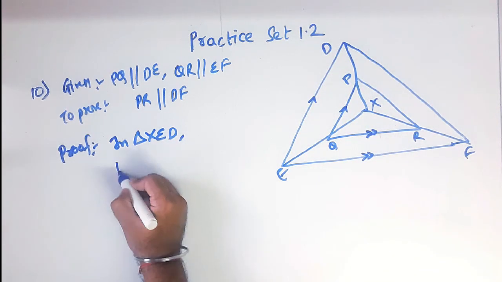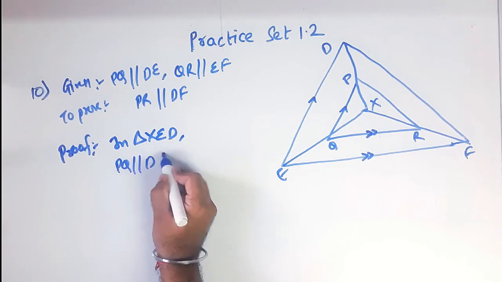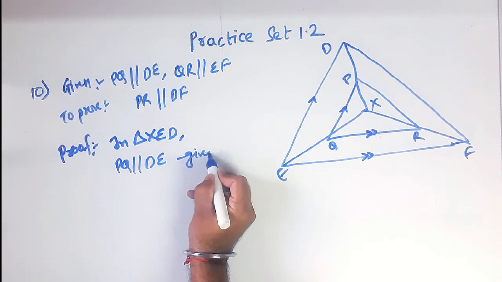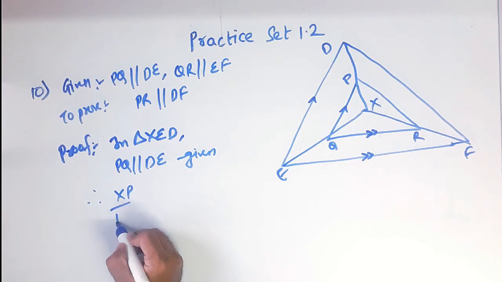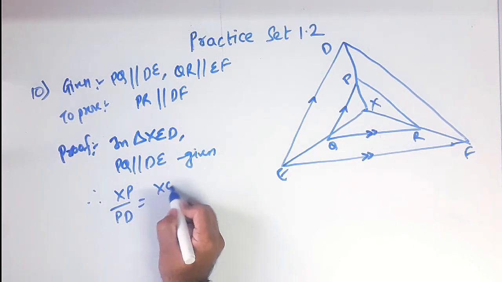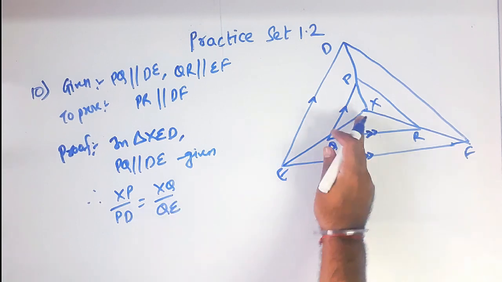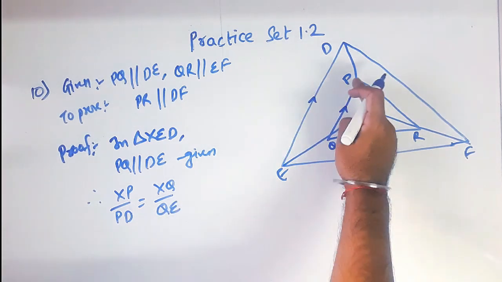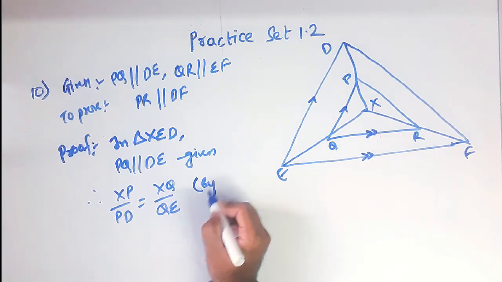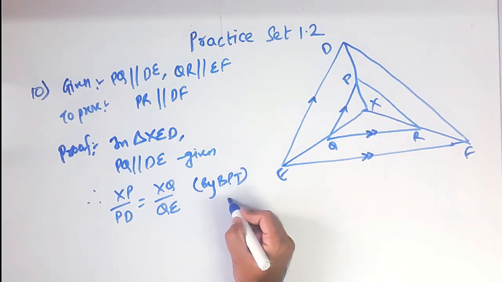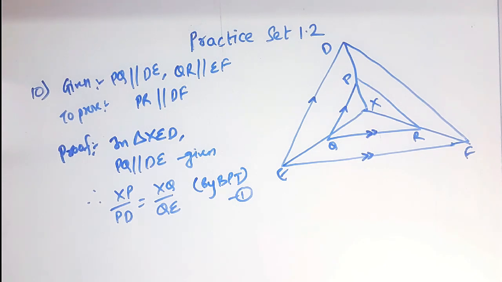I can write PQ is parallel to DE. This is given. Therefore, I can write XP upon PD equals XQ upon QE. Here I can use BPT. This is by BPT, and I'll give this as 1.